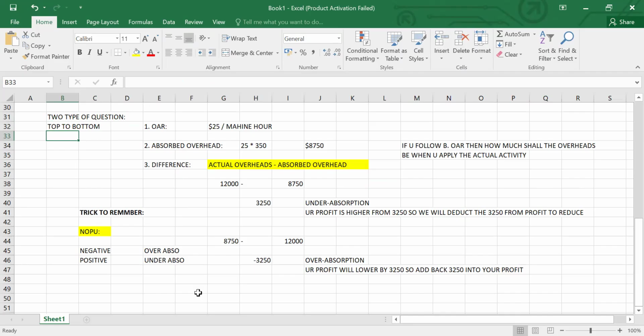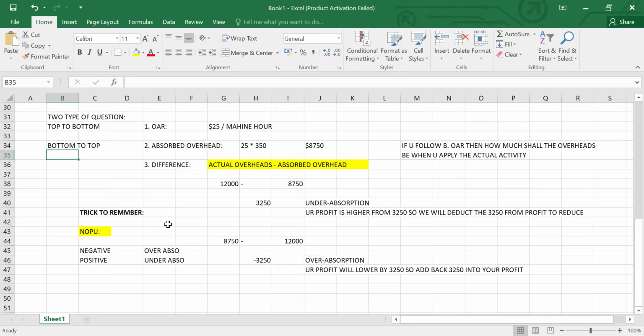The second type is the bottom to top approach. You will be given over or under absorption, and you will be asked to calculate either budgeted activity, budgeted overheads, or OAR. So you first need to adjust for over or under absorption, and then go from bottom to top. You need to practice these two types of questions.